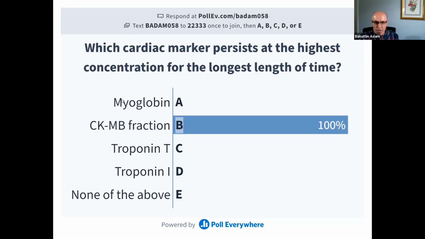These are all cardiac markers, but troponin T persists at the highest concentration for the longest length of time. Myoglobin rises earlier, but does not persist at the highest concentration for a long time, and is non-specific because myoglobin may be due to damage of muscles.